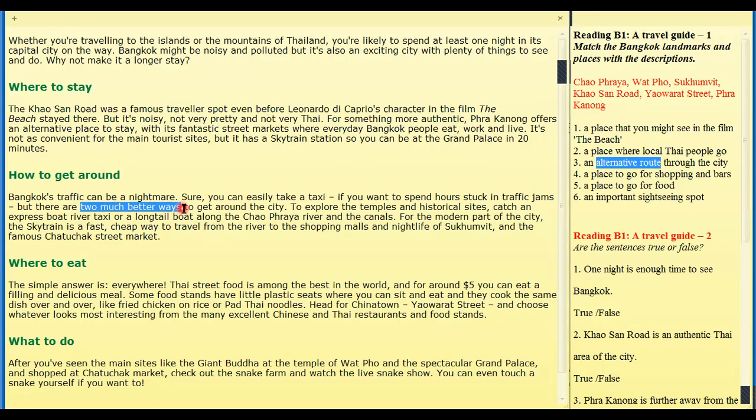So they say alternative road means the road that you could go which is not stuck or which is not jammed. So it means that a better way. So routes means way, street or road. Better means alternative, means choice. You can find a better way or a better choice. So now you could find the keywords. Again, your job is to read the sentence before or after that keywords.